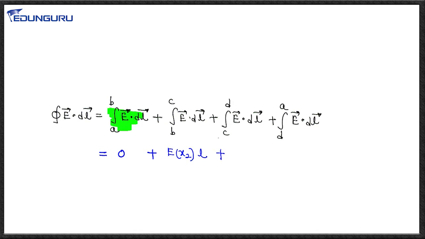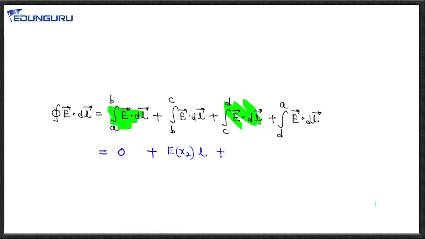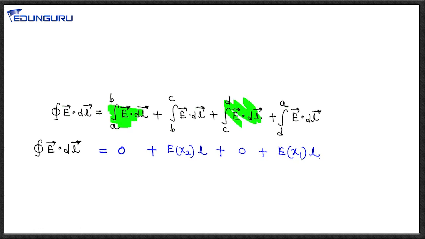Plus the third term, E dot dl. Here also dl makes an angle of 90 degrees with the field, so again its value is 0. The last term will be E at x1 into L, and here it is cos of 180 degrees because the angle is 180 degrees. So this is E of x2 into L minus E at x1 multiplied by L.